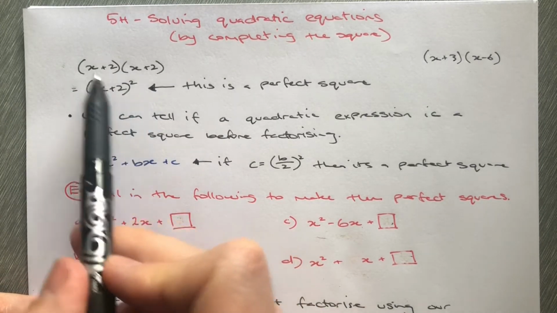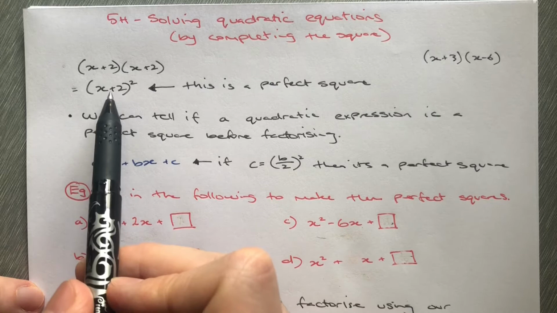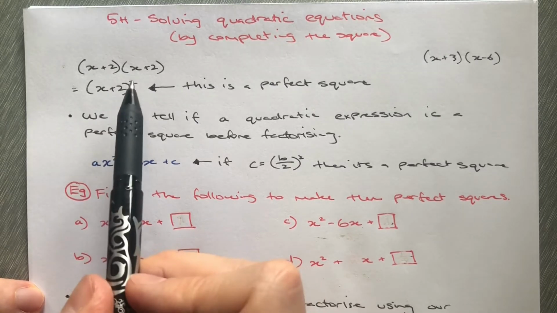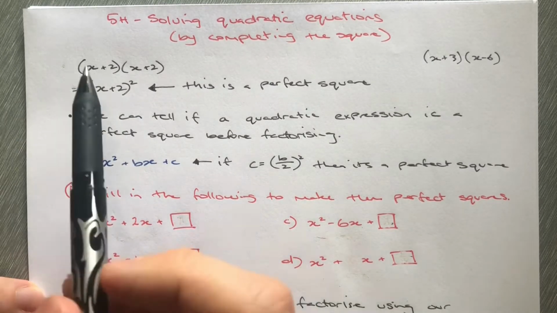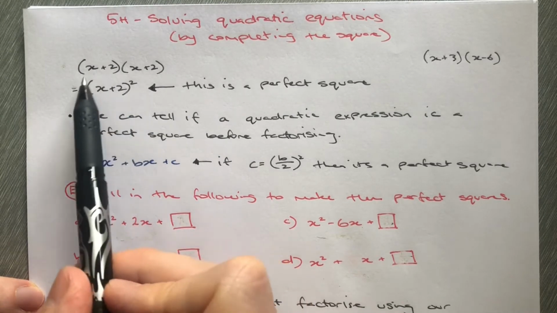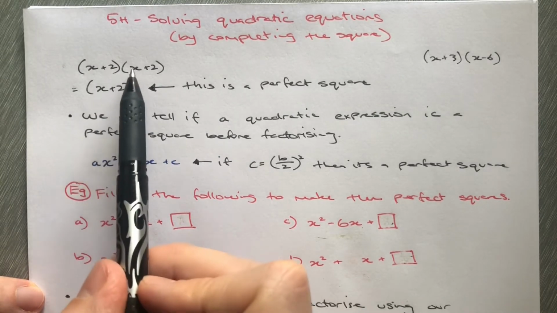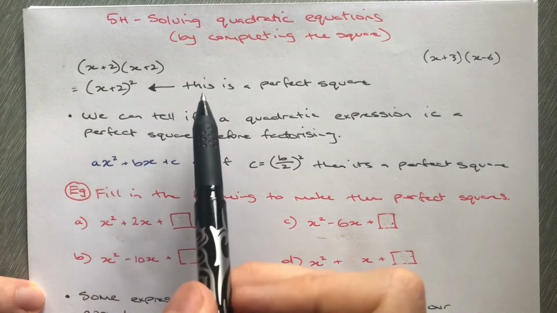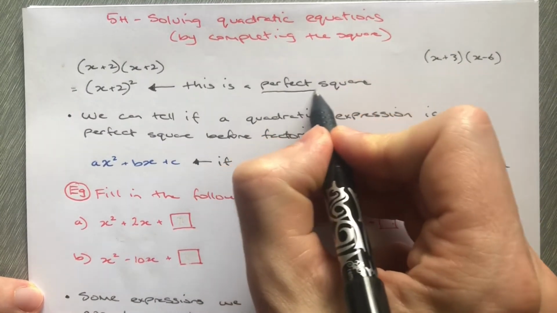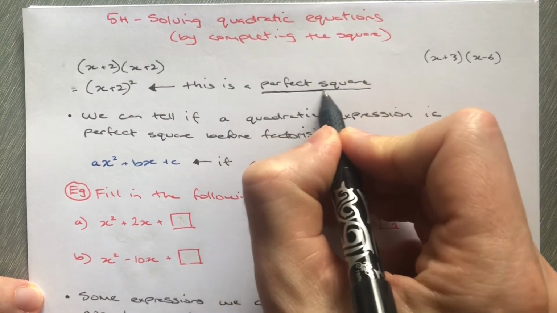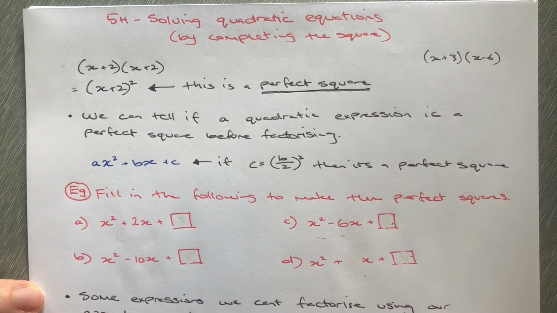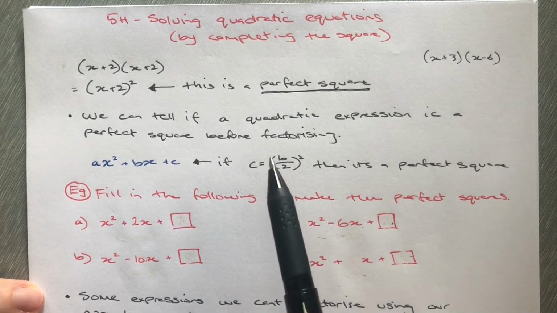So you could write this as that. They are both equal. Now, if you end up factorizing and you see that your answer looks like this, whatever the factor is repeated, so it's squared, it's called a perfect square. Okay, and they can be really helpful, really important, which we'll see today.